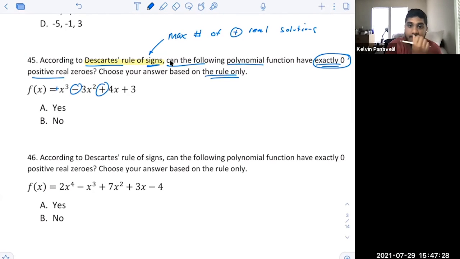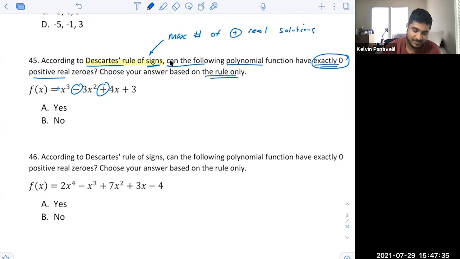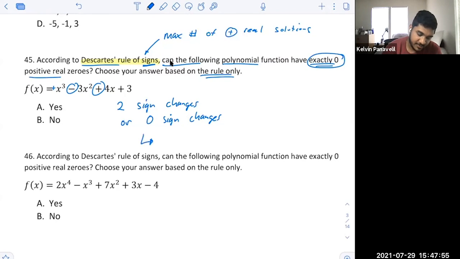Does that make sense, guys? So 2 sign changes, or no sign changes if they're all positive, then you'll have 0 real positive zeros.